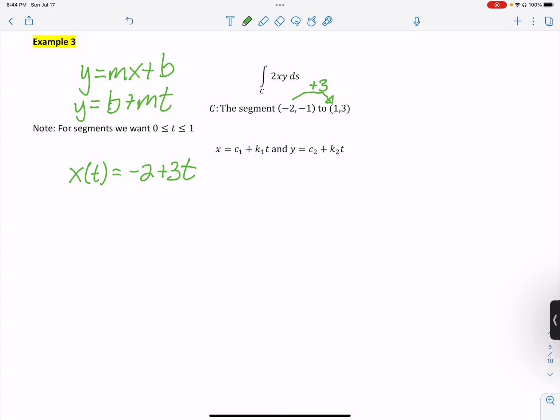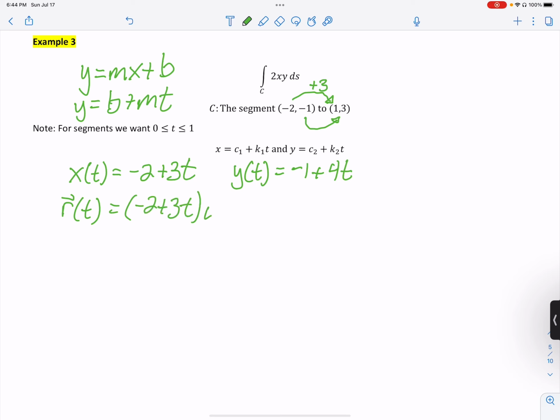X of t is that. Y of t, okay, the point starts at negative 1. And from negative 1 up to 3, that went up 4. That's how I go about that. That gives me r. All right, that's negative 2 plus 3t i plus negative 1 plus 4t j.